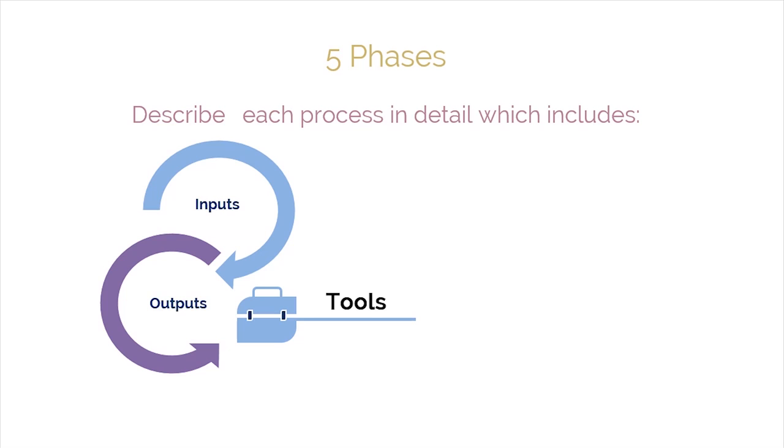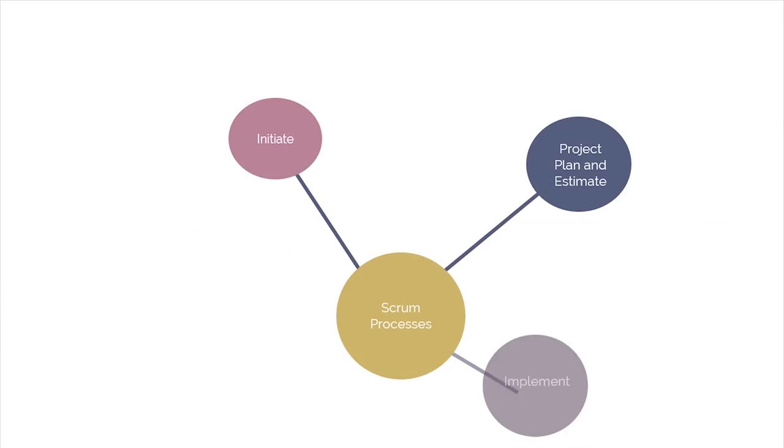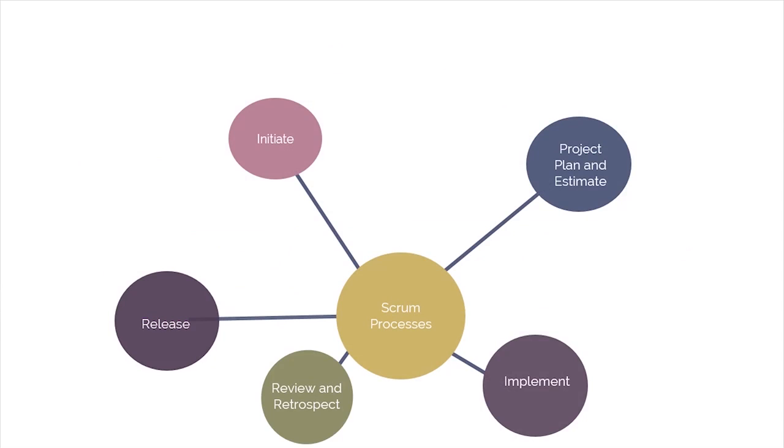The decision to include any optional input, tool, and/or output depends on the particular project, organization, or industry. Inputs and outputs denoted as mandatory are important for the successful implementation of Scrum in any organization. Next, we'll take a closer look at the phases and the processes enlisted under them.